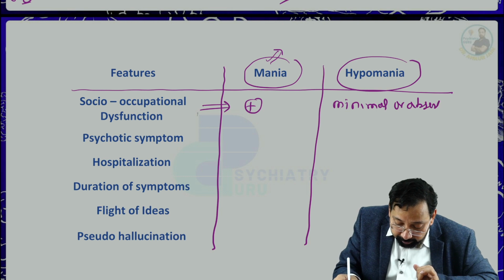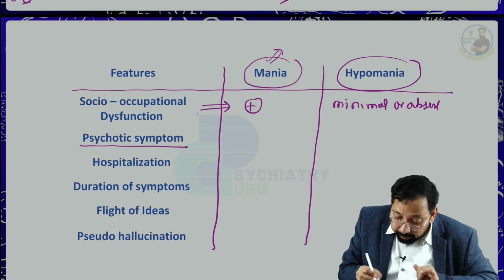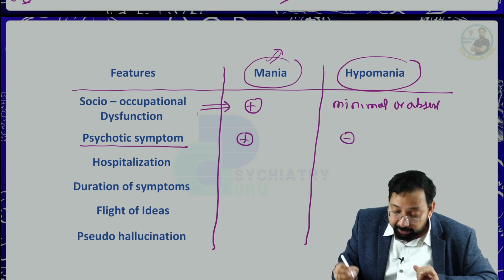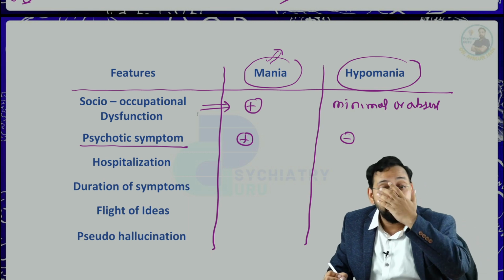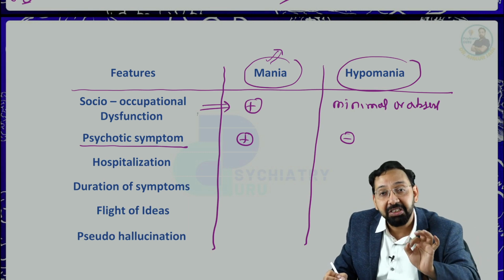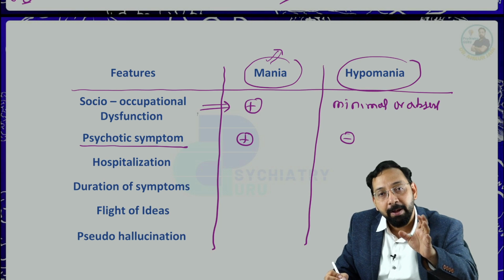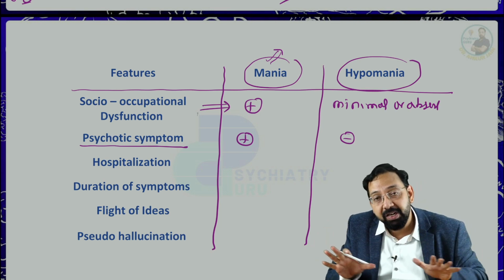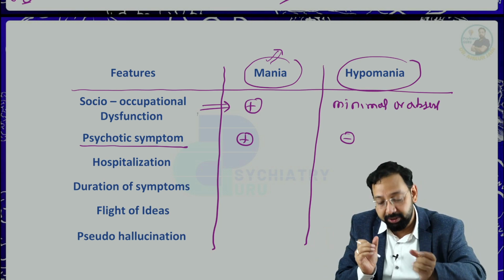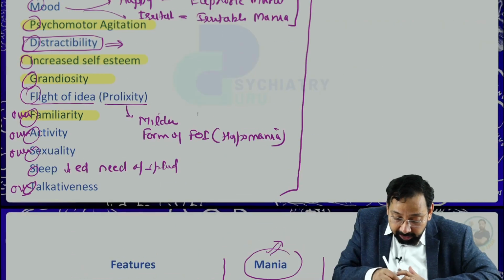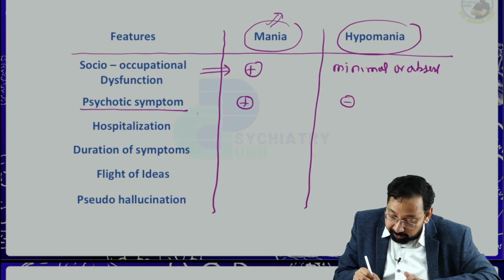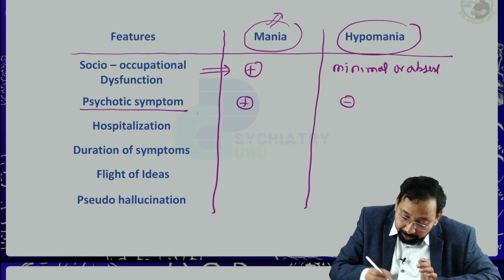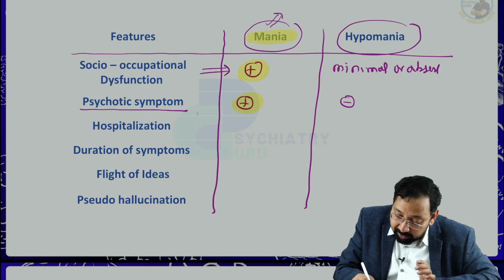Psychotic symptom is present in mania, absent in hypomania. If psychotic symptom is there, delusion is there, hallucination is there, without second thought, diagnosis is mania. If socio-occupational dysfunction is there, without second thought, diagnosis is mania. I'm telling you symptoms are the same, but if you find these things, you will mark the answer mania.